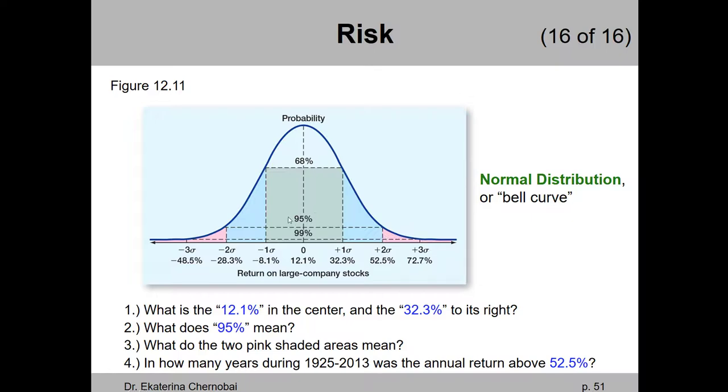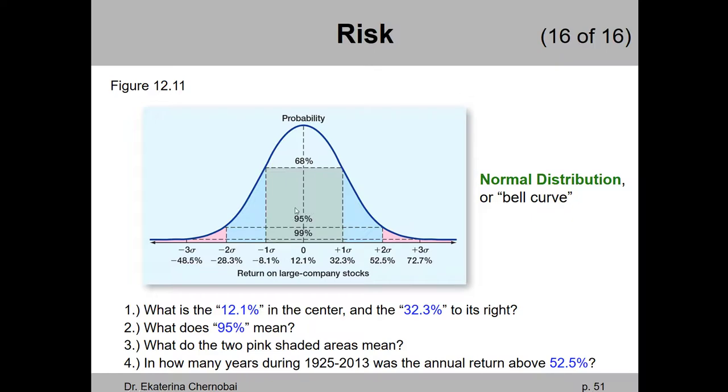So 95% is within 2 sigmas, and what's beyond 2 sigmas on both left and right is the remaining 5%. Because the bell curve is symmetric, each of the pink shaded areas must be the same area.